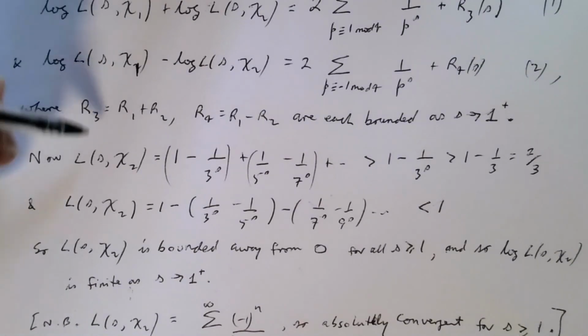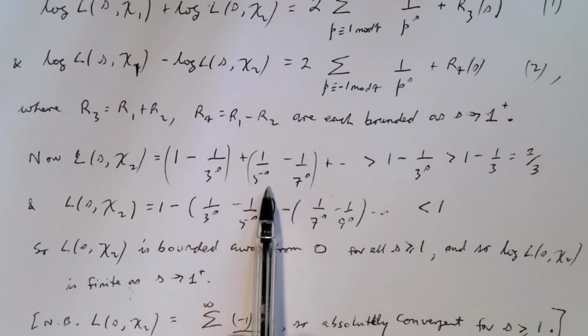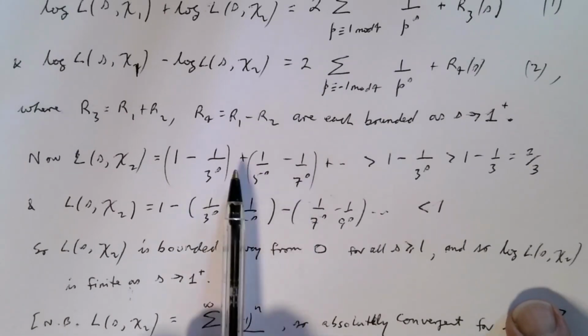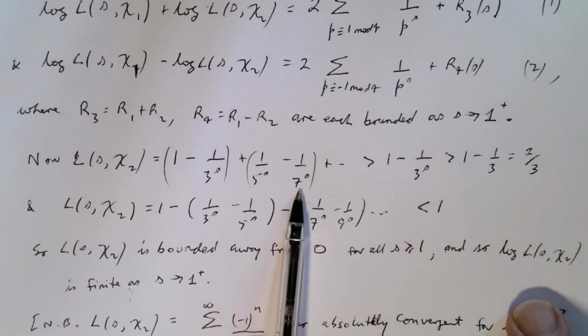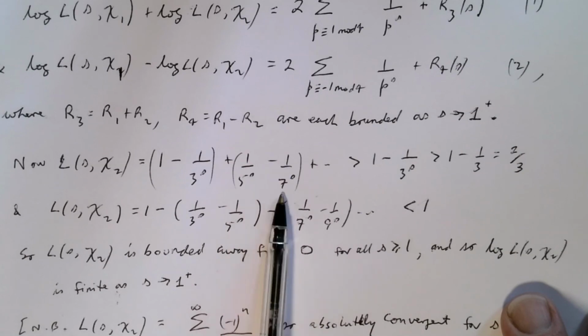So L(s, χ2), I've just written out what it is again. It's 1 minus 1 over 3 to the s plus 1 over 5 to the s minus 1 over 7 to the s, and so on. Notice I've bracketed these judiciously in this way, and I'm just going to say each one of these brackets is positive. 1 over 5 to the s minus 1 over 7 to the s is positive.